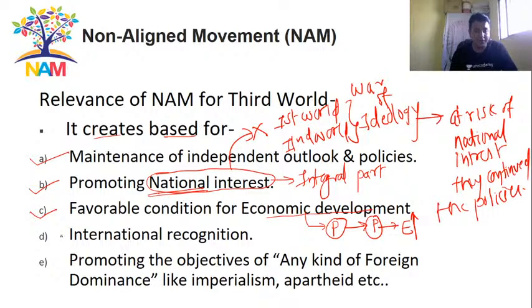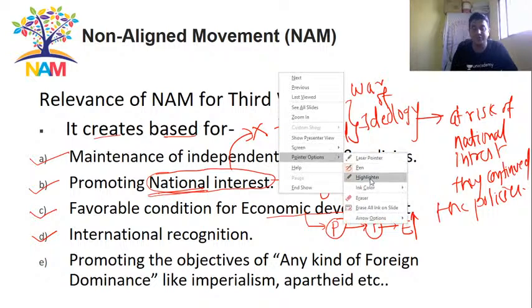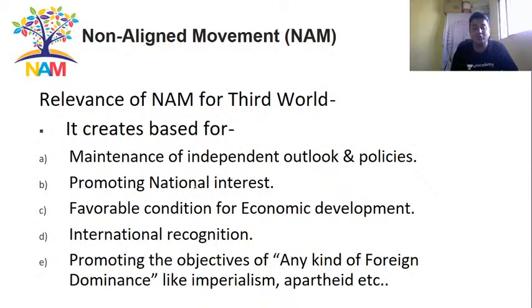Clear? Next, international recognition. That is the most important thing. If you imagine the situation of India with the others, then you're making a mistake.